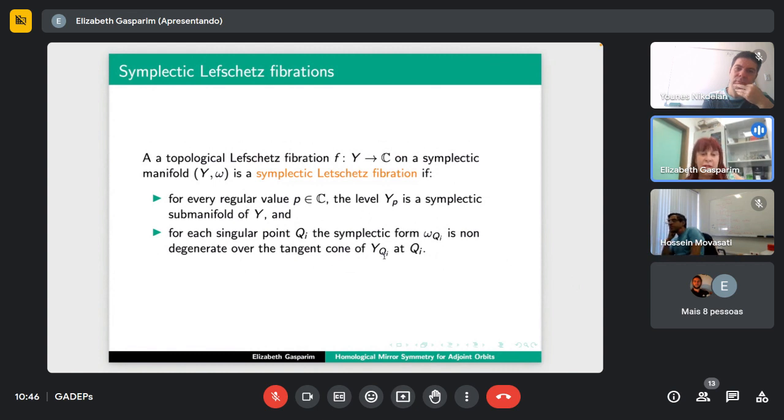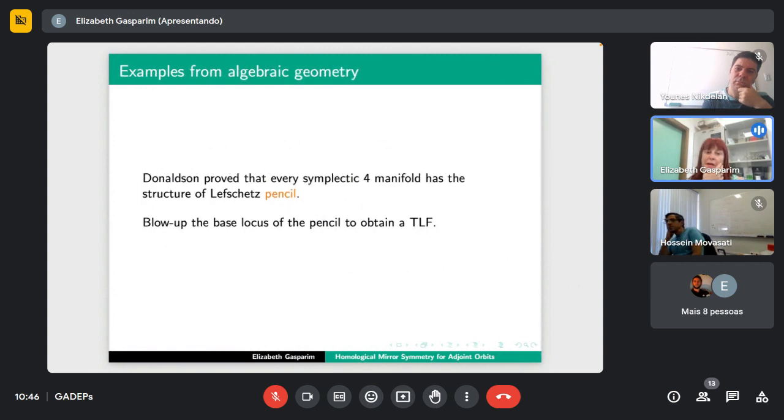There are some non-degeneracy conditions around the singularities, but anyway, the important part then will be, do they exist? So do we start first? On the algebraic side, we can put any projective variety or quasi-projective variety and write the category of coherent sheaves. So there is an enormous amount of examples and 450 years extra of history compared to symplectic geometry.